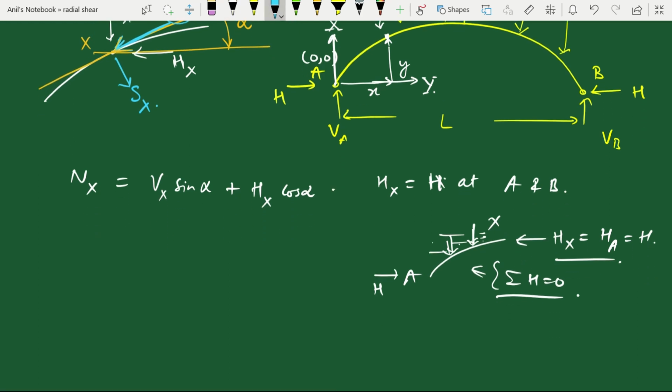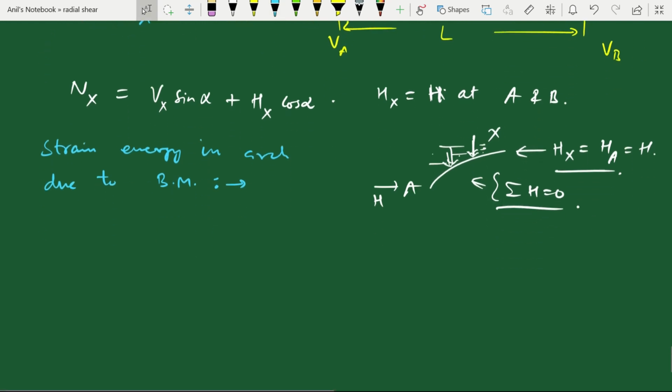Now, having obtained this, let us get strain energy in the arch due to bending moment. So that is simply what we have been expressing always. So that is UM, that is strain energy due to bending moment. That can be given by integration Mx square ds upon EI.